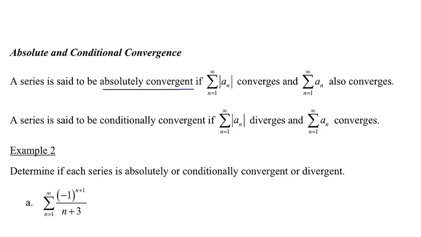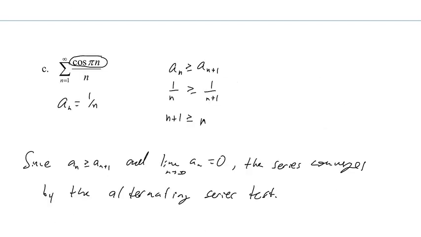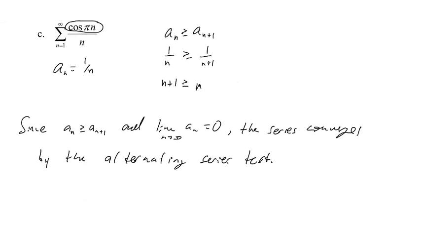If it absolutely converges, then the absolute value converges as well as the series converges itself. It conditionally converges if the absolute value diverges, but the series converges itself. So all that is, right, is if we think about this last one, it would be considered a conditional convergence.